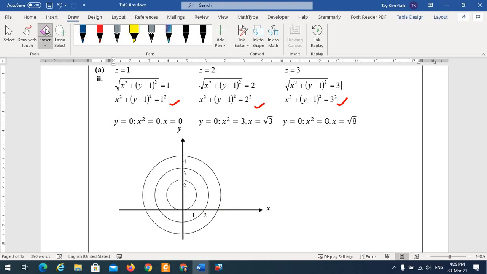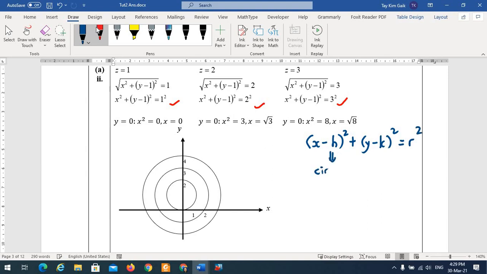Okay, the general circle equation: we have x minus h squared plus y minus k squared equal to r squared. So this is actually a circle where the center of the circle is at the point x equal to h, y equal to k, with radius r.